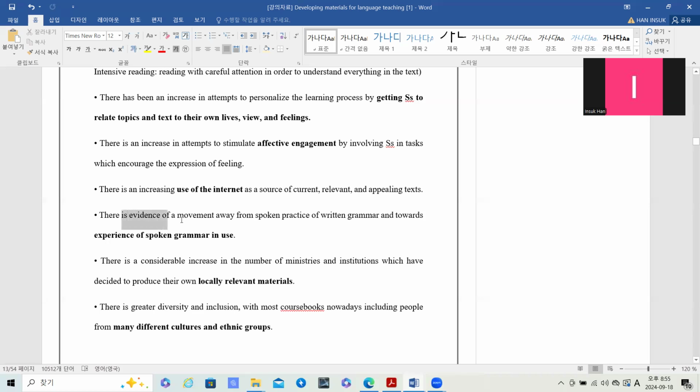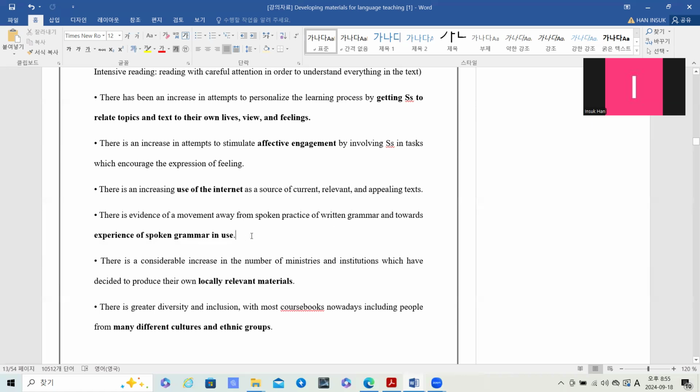There is evidence of a movement away from spoken practice of written grammar and towards experience of spoken grammar in use. So having young learners experience spoken grammar in use can help them not focus too much on the language structure or grammatical attributes, but just experience spoken grammar in use, have them naturally use and learn some new grammar.